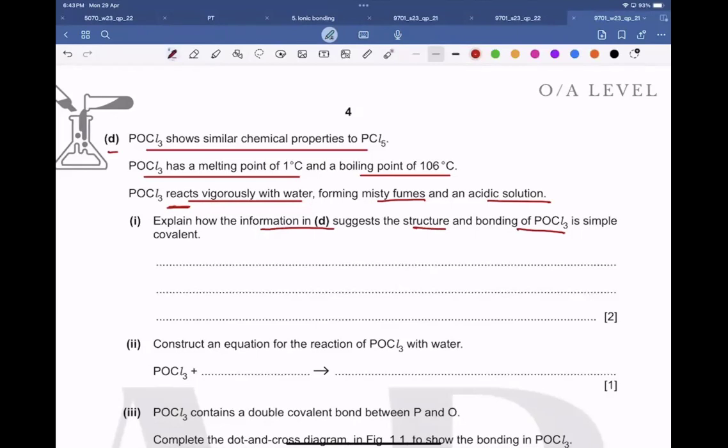Okay. So the melting point and boiling point are low.